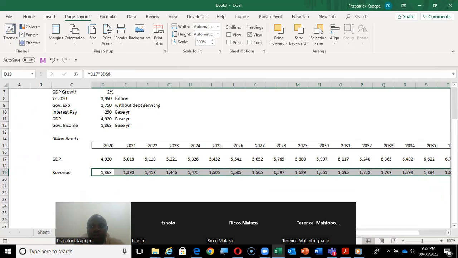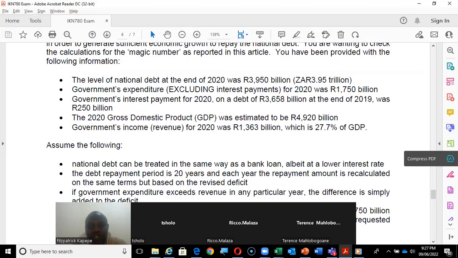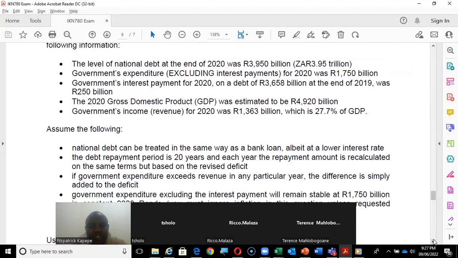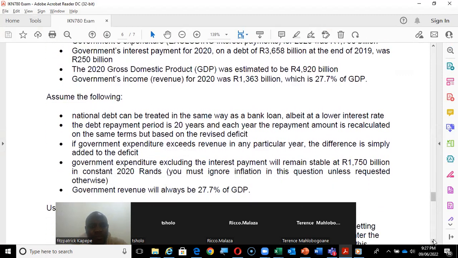Okay. What else have we been told? These are the revenues. So from these revenues, we should first check on government expenditure without debt servicing. The 1750, is it also going to continue? What is the assumption? Government expenditure for 2020 was 1750. So government expenditure, excluding the interest payment, will remain stable at 1750, isn't it?